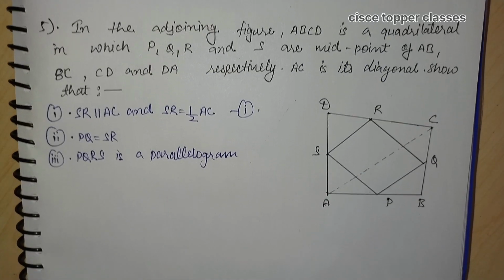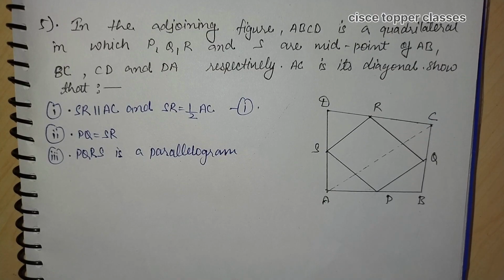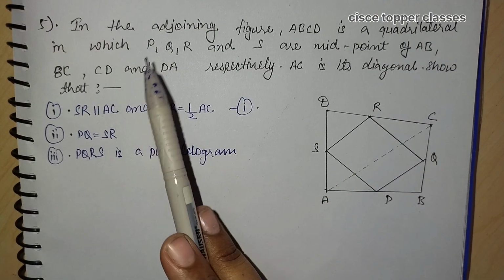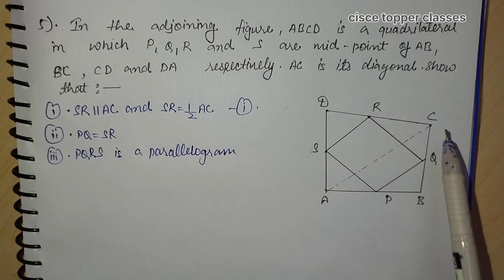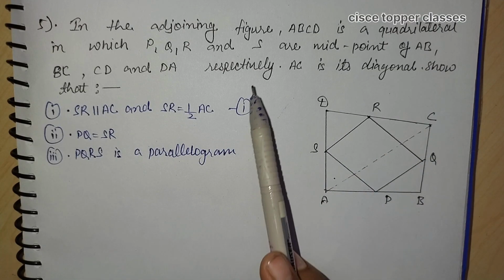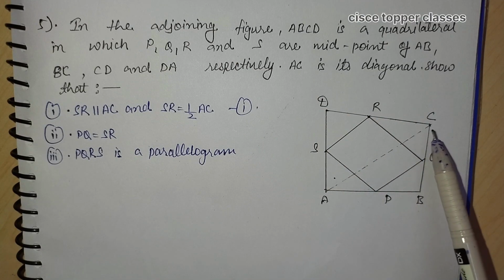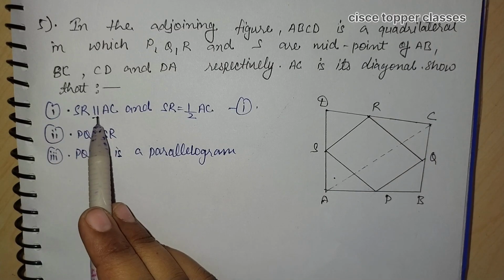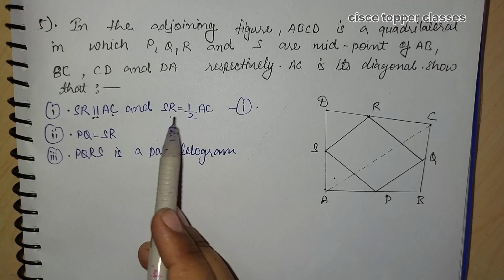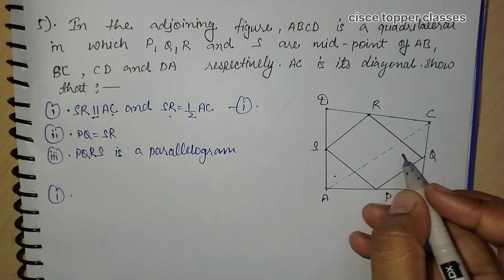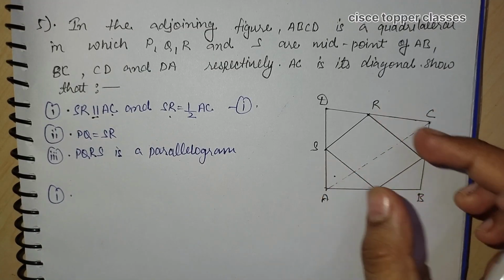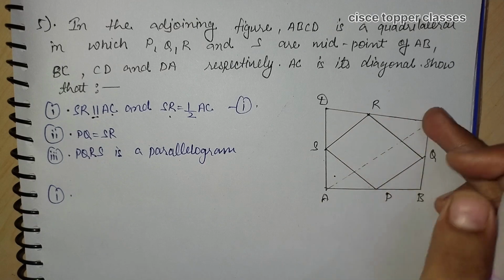Now let us solve the fifth question. In the adjoining figure, ABCD is a quadrilateral in which P, Q, R, S are the midpoints of AB, BC, CD and DA respectively, and AC is its diagonal. Then show that SR is parallel to AC and SR is equal to half of AC. So simply we can prove the first part by the midpoint theorem, because S and R are the midpoints of AD and DC.